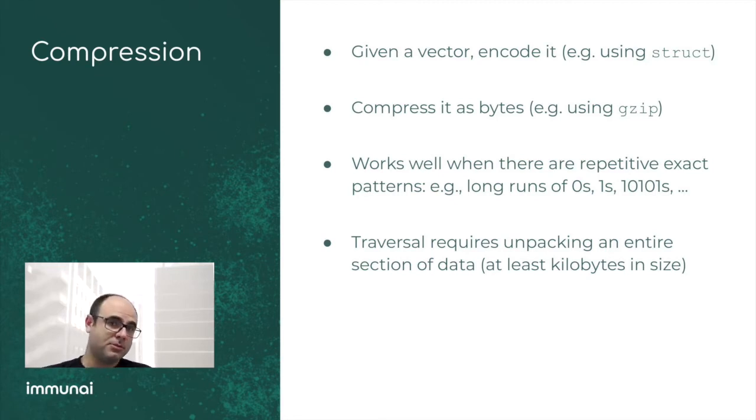The major cost you're paying is the fact that compression is extremely expensive to construct. And whenever you need to access any of that data, you don't even have binary search. You need to unpack a whole chunk of data. And to be meaningful, it has to be at least tens of kilobytes in size, and you need to go over all of that data.